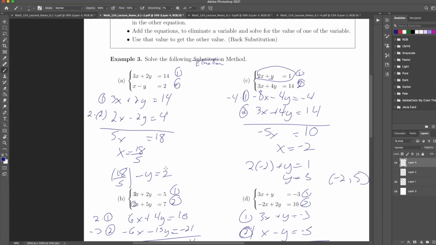That implies y equals 18/5 minus 2, which means y equals 8/5. And so we have 18/5, 8/5. And so it's just not as clean.